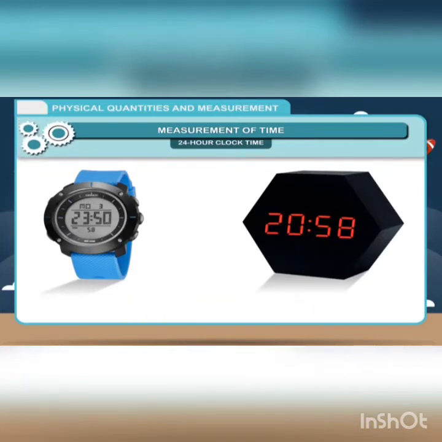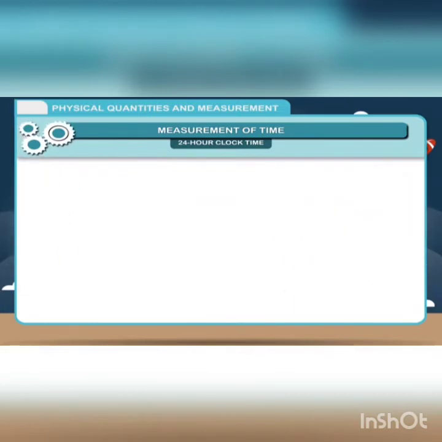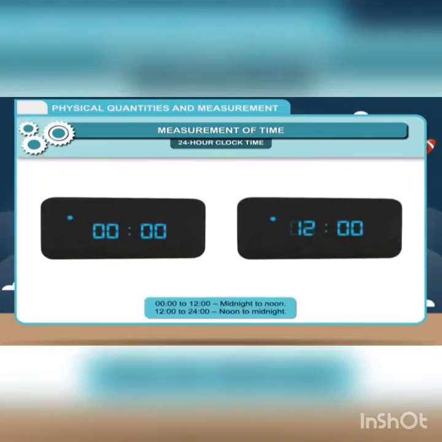The time schedule is as follows. 00:00 to 12 is midnight to noon. 12 to 24 is noon to midnight. 0 hour 0 minutes denotes exactly midnight time, and 12 hour 0 minutes denotes exactly noon time.